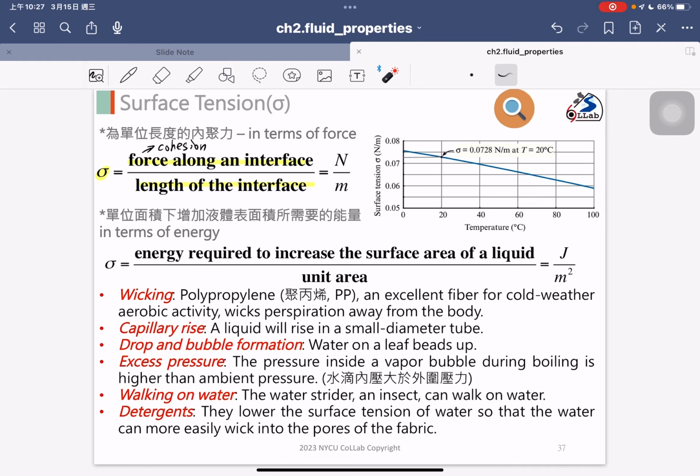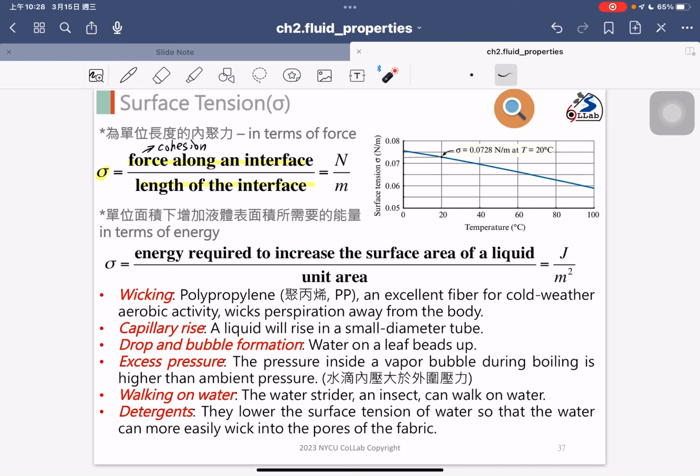That's why, with this phenomenon, the surface tension usually would like to minimize the surface area of the liquid. So if you would like to increase the surface area, you need some energy to support increasing the area of the liquid. Based on the dimensions shown here, you have joule per meter square.